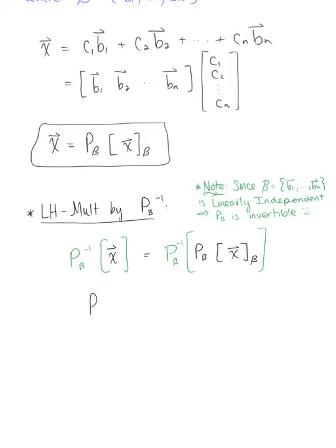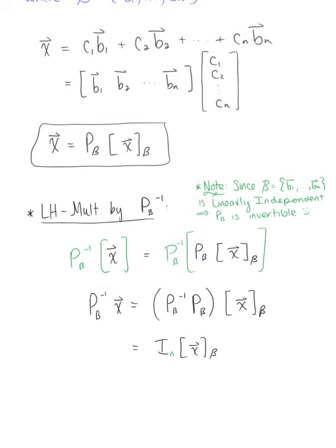So by the distributive property, we can rewrite the right-hand side as follows. We can think of this as the inverse of matrix P sub B multiplied by matrix P sub B multiplied by the coordinates vector. And we know by the properties of inverse matrices that this leaves us with the identity matrix multiplied by the coordinates vector.